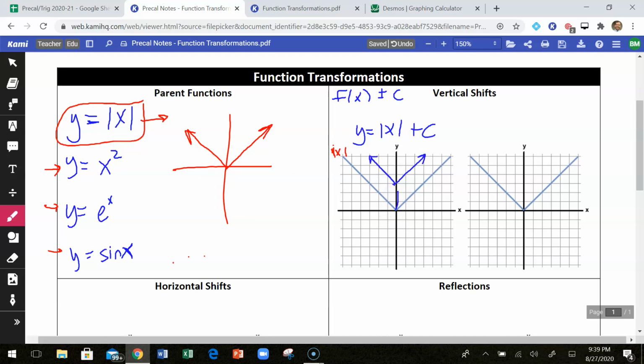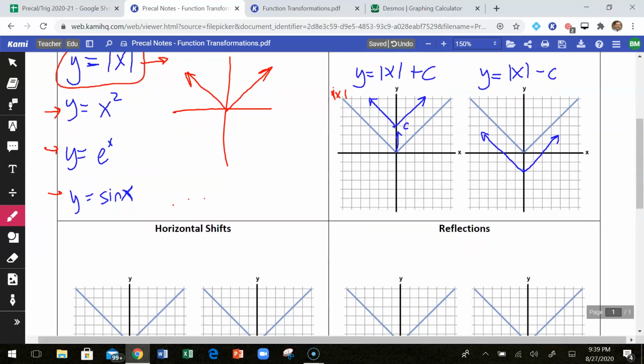It's just shifting the whole thing up c units, whatever that is. So if I move it up 2, that'd be plus 2, or if I plus 3, I'd move it up 3, whatever. If I take that function and I subtract a c value on the outside from it, then that's taking that thing down c units, and I'm going to get that exact same graph just shifted down. Okay, so that's how you shift up and down.